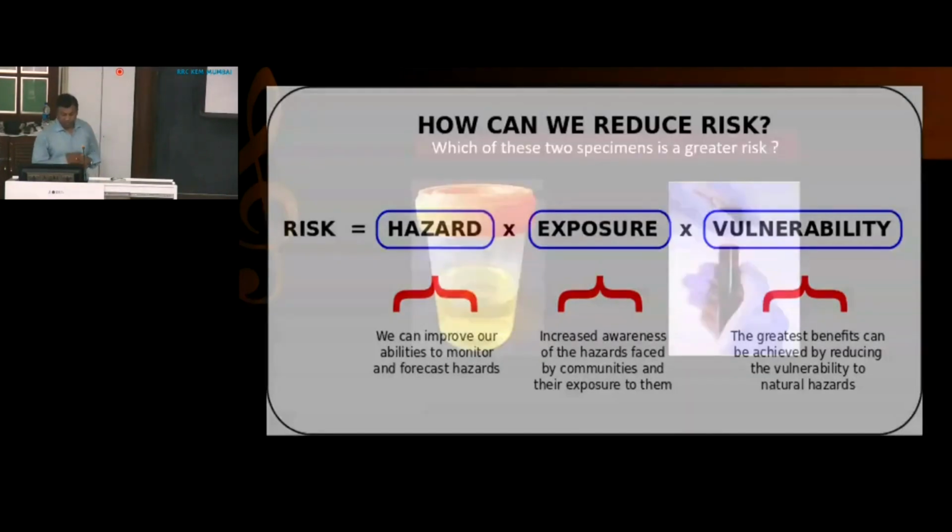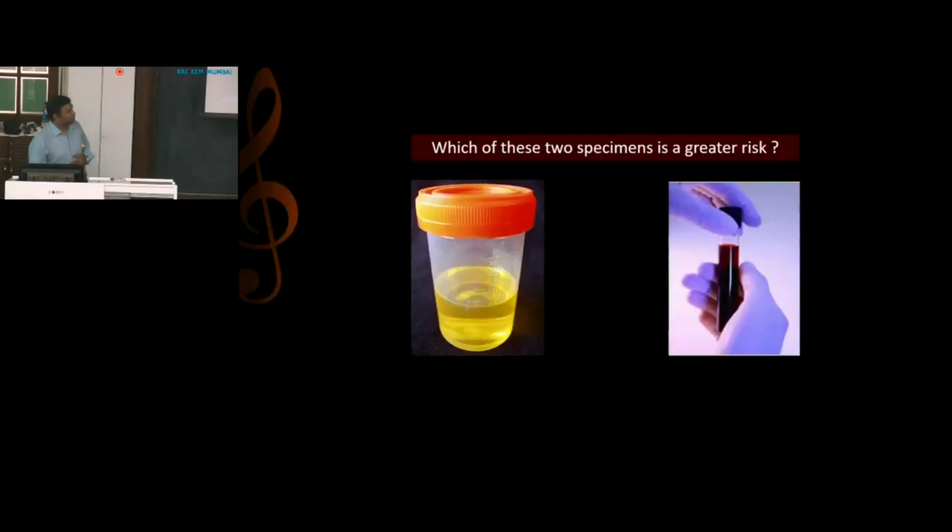So which of these two specimens is a greater risk? One is urine, one is blood. What do you think? Blood is a greater risk, right? But it also depends on the procedure. Please understand, I have not told you what to do with this. If I tell you to plate this urine onto the culture medium, versus just inspect the tube from outside whether it is leaking or not, without touching, there is no risk.